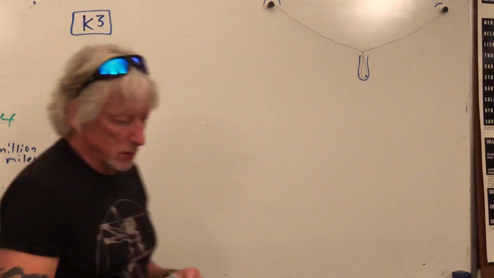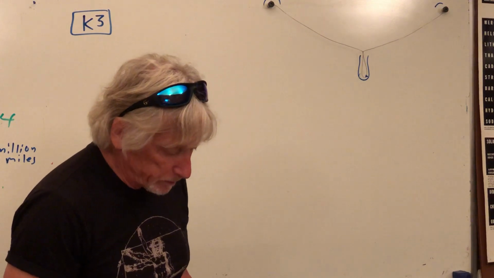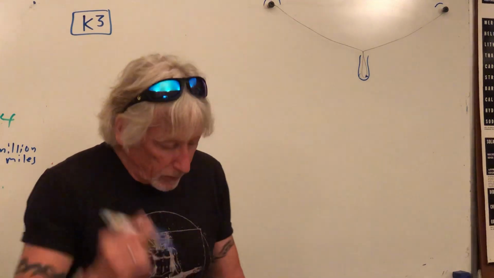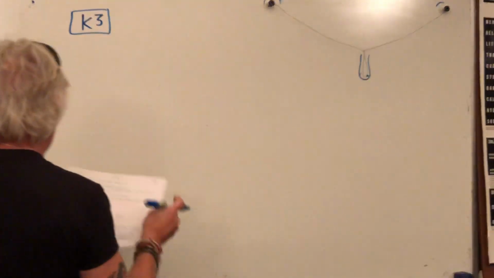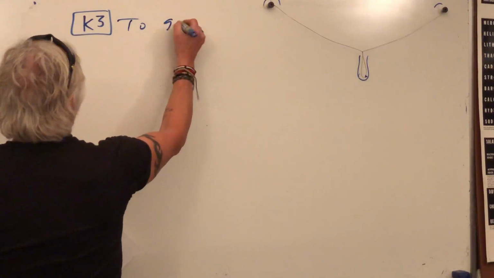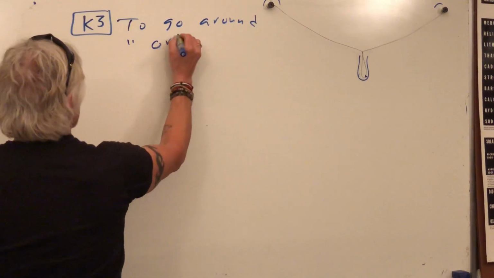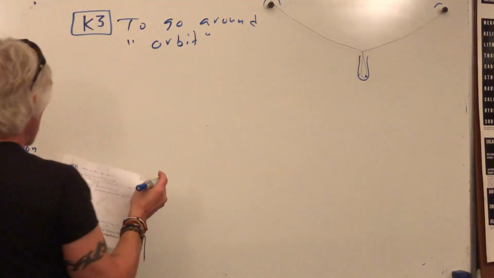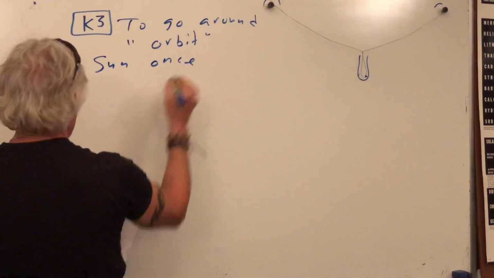What's true? Just from observation. Took him a while to get this. I'm going to read it. To go around or orbit the sun once. I'm going to show it to you on that data table. To go around, which means orbit is another way to say it. To go around the sun once.